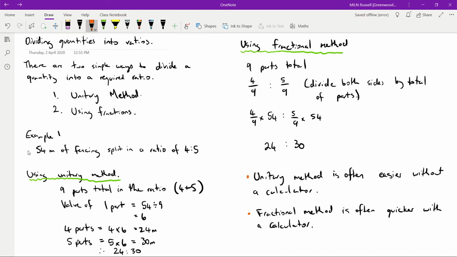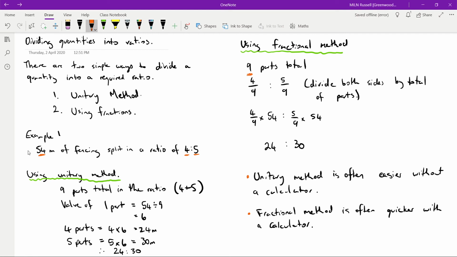So 4 divided by 9 times the quantity, which should be 54. And for the right hand side, do the same thing, but this time for the 5. So 5 divided by the total of 9, multiplied by the 54 again, and that will also give us 24:30.